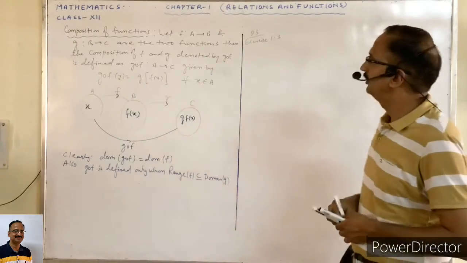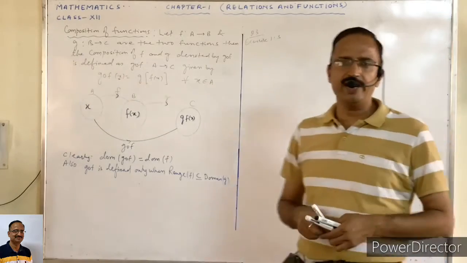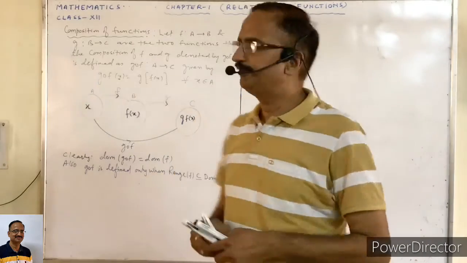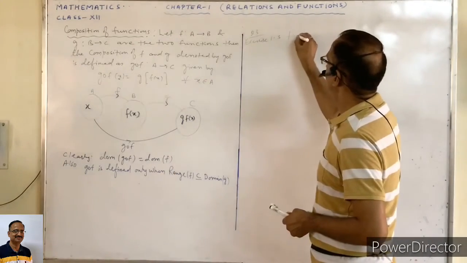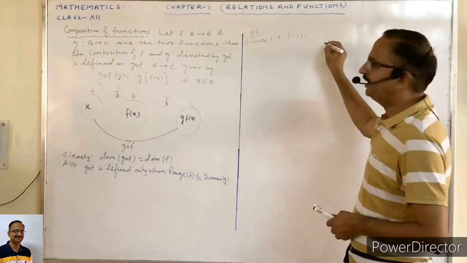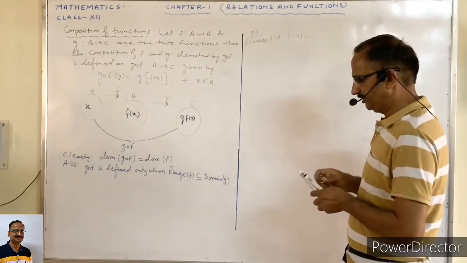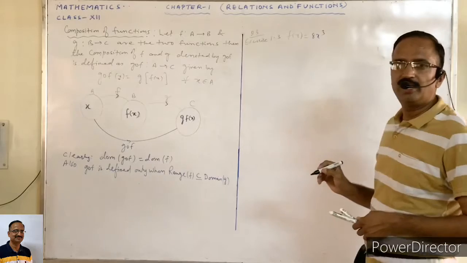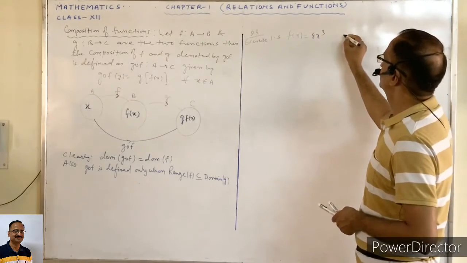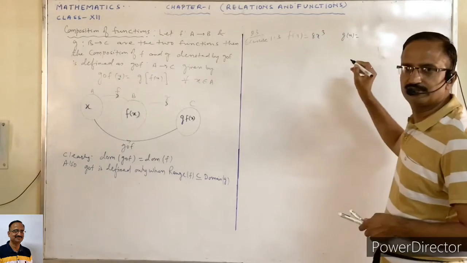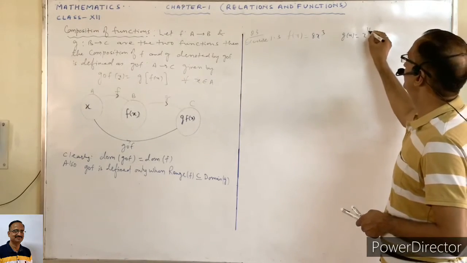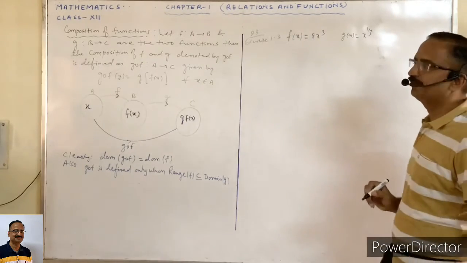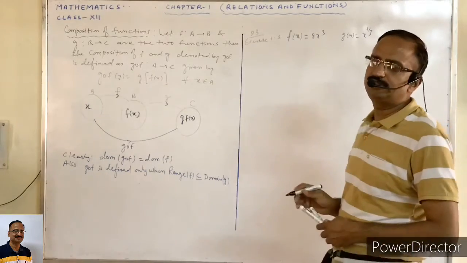In this we have to find fog and gof when f x is given. f x is 8x cube and g x is x raised to power 1 by 3. These are two functions and we have to find gof and fog.